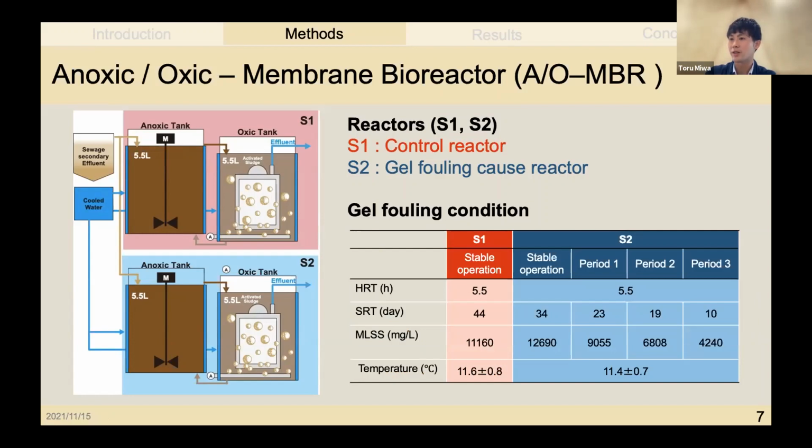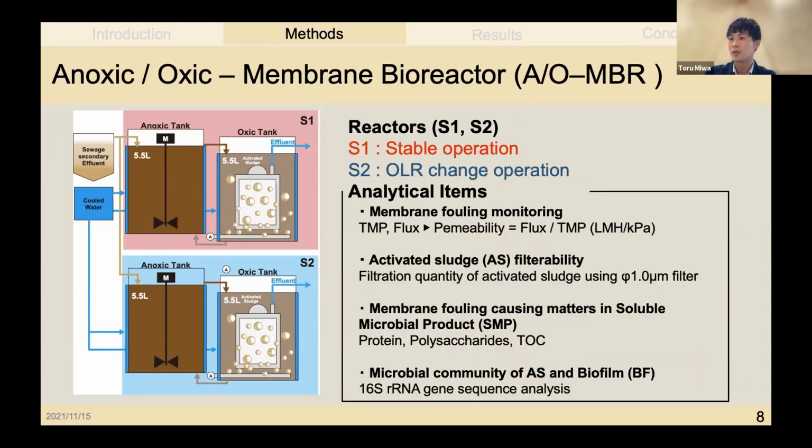So we discharged the sludge at the beginning of each period, and the SRT was also changed to maintain this MLSS. Also, this slide shows the analytical items.